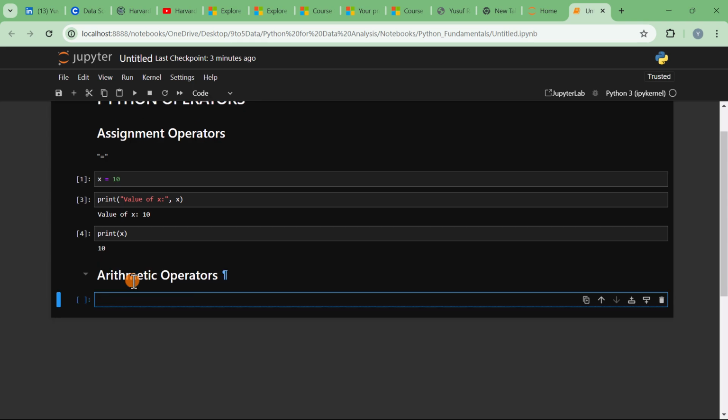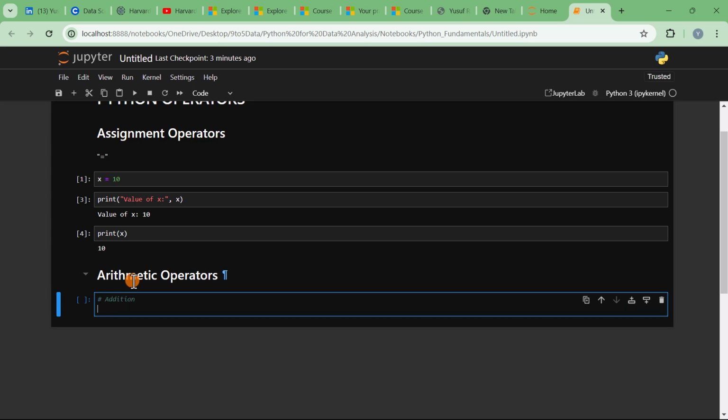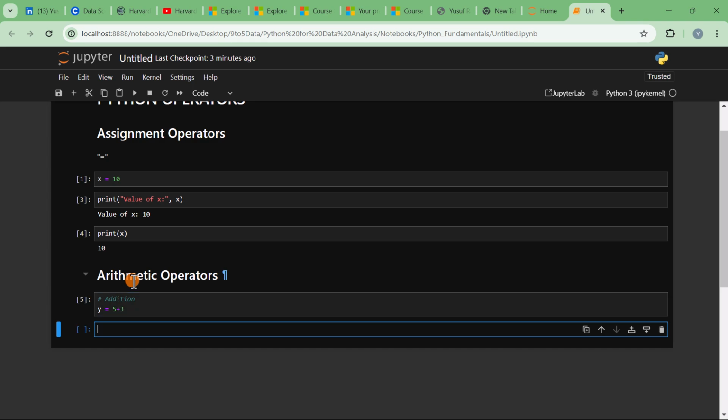We have the addition. Let's say the value of y is the addition of 5 and 3. So we'll say 5 plus 3 and run this code. If we print y, we should have a value of 8.